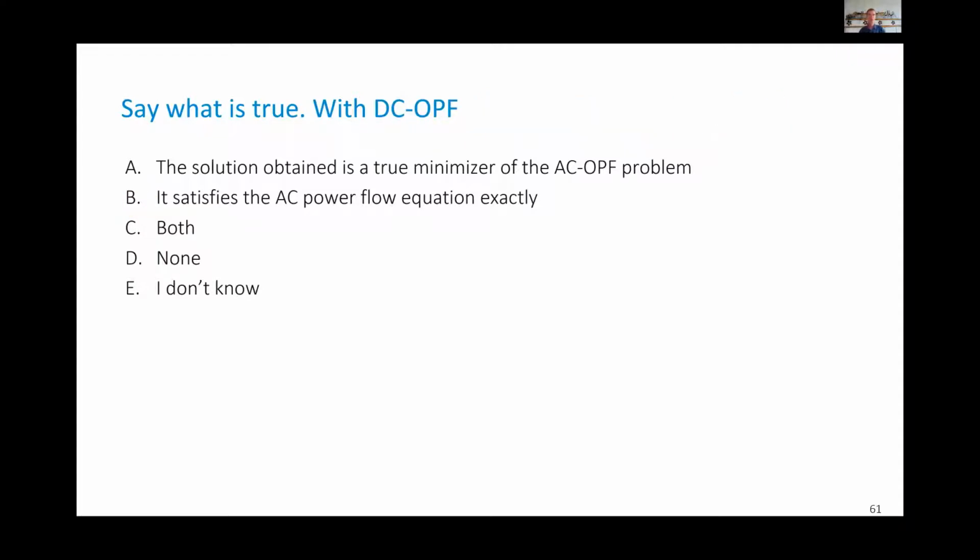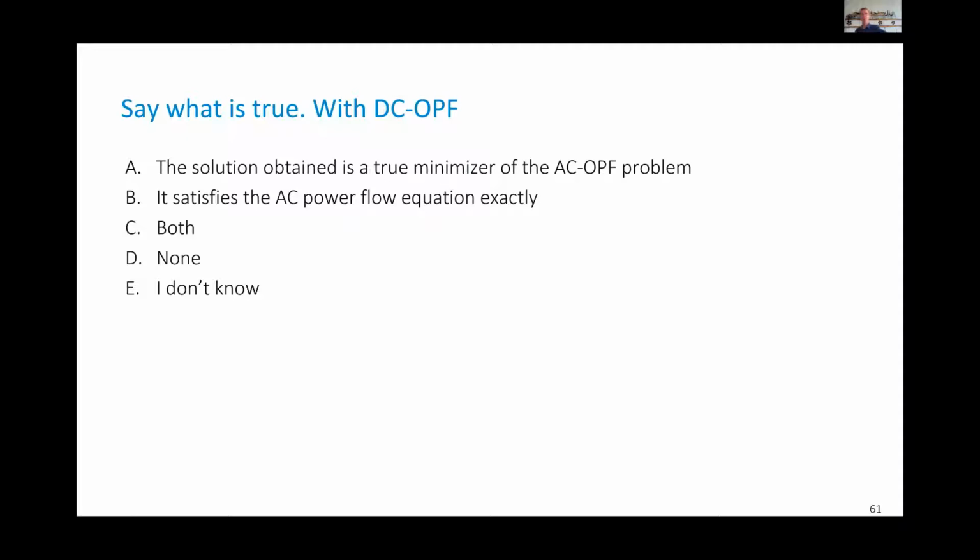Similar questions now with DC-OPF. I close the poll now.